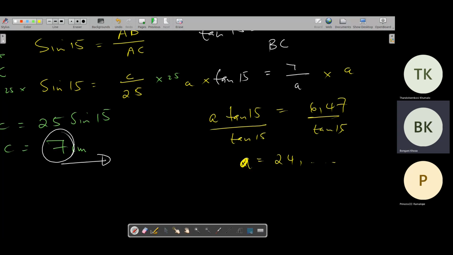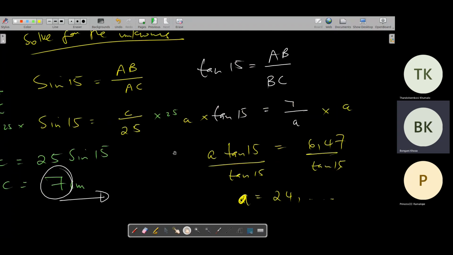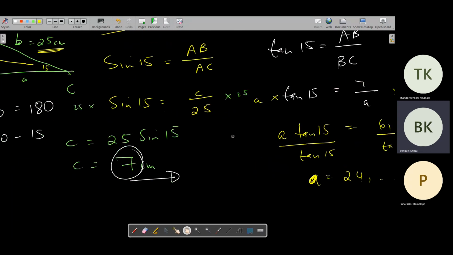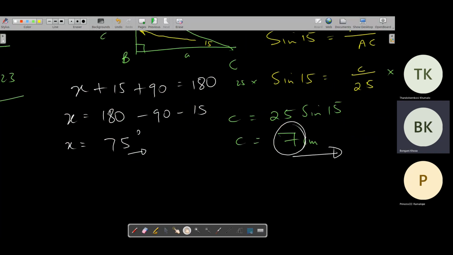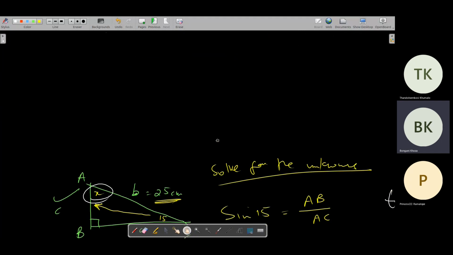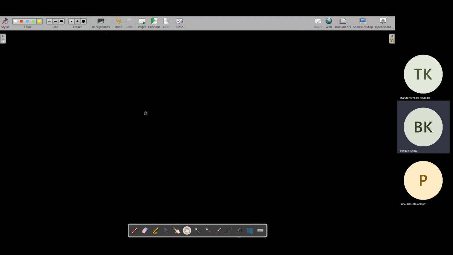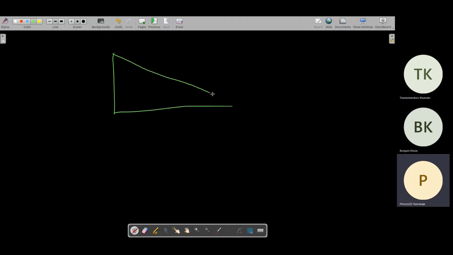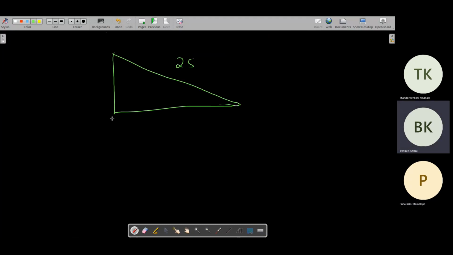Right. So let's use another method. Let's check. Last time we used tan 15, but we can use cos 15. Let me move this triangle somewhere. Our triangle is not 25 here.